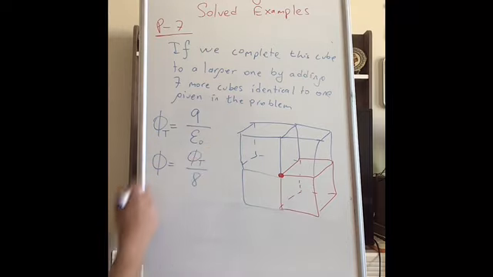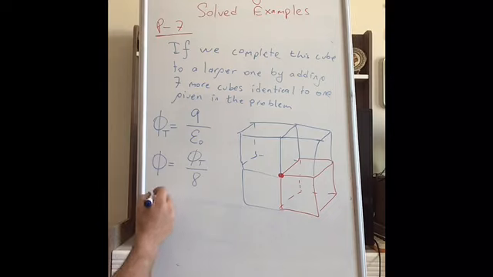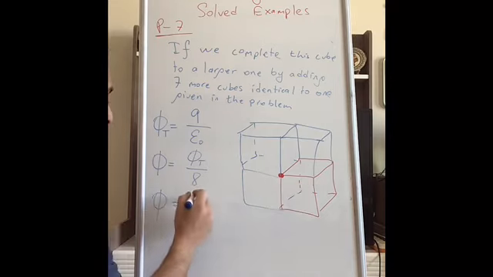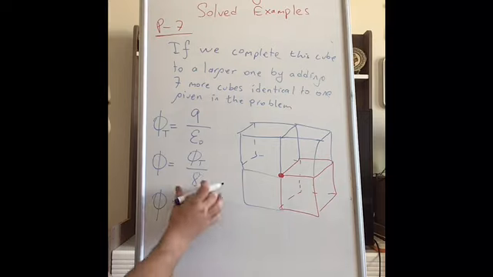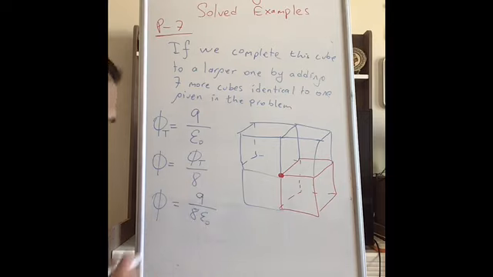So what is the total flux here? Q over epsilon 0. So I can write the flux through our main cube will be equal to 1/8 of the total flux, which is equal to q over 8 epsilon 0. You know the value of q, which is given in the problem. Epsilon 0 is a constant, and using your calculator you can get the answer.